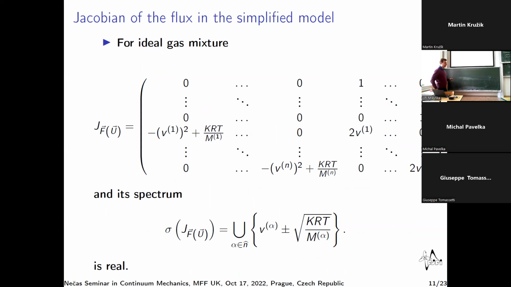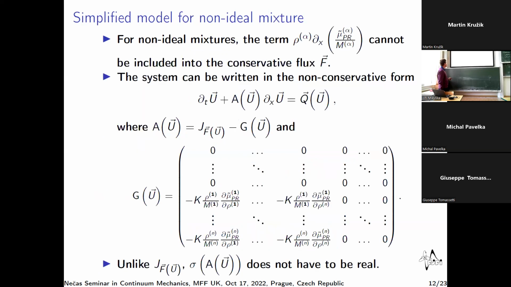So the same logic, but still containing mixing from diffusion. So this is the Jacobian of the flux. You can see that it's a very simple matrix with just 3 diagonals, and we can compute its spectrum, and we see that the spectrum is real. So it's really a hyperbolic system.